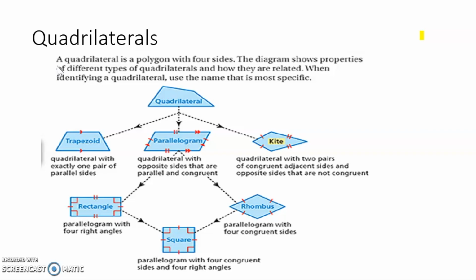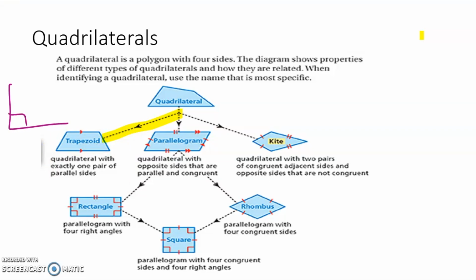Now, all four-sided shapes can have more specific names, and we always want to give a shape the best name we possibly can. So four-sided shapes can be what we call trapezoids, and this is an example of a trapezoid over here. A trapezoid has one pair of parallel sides, so we can see that top and that bottom are parallel. Now, another example of a trapezoid that we sometimes see actually has a right angle in it.